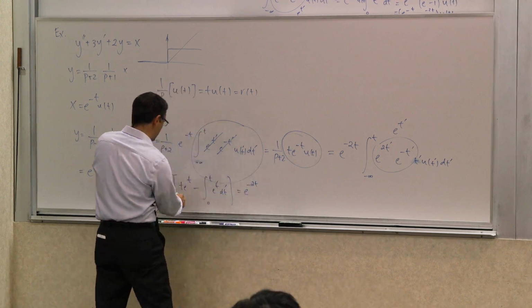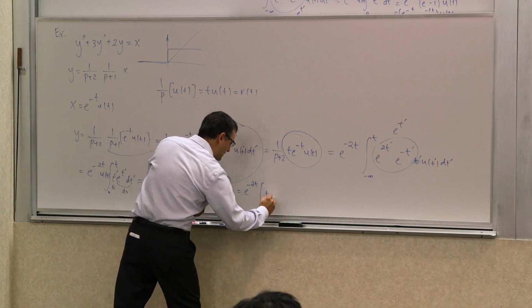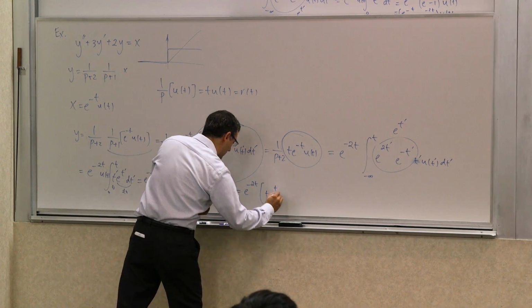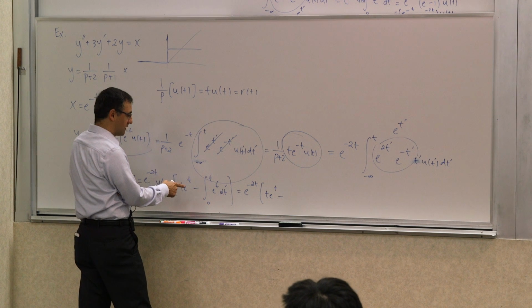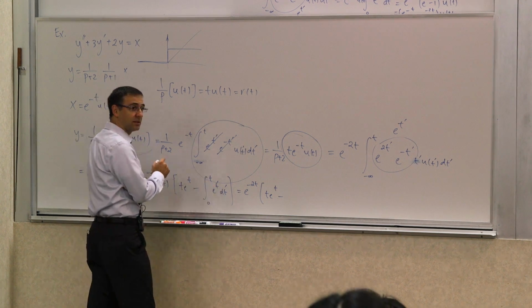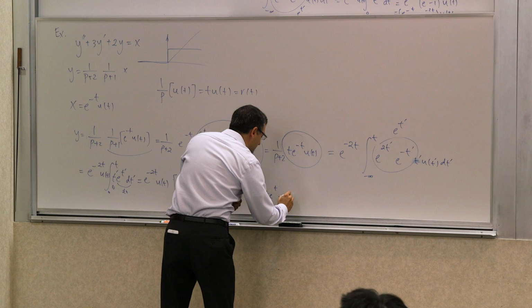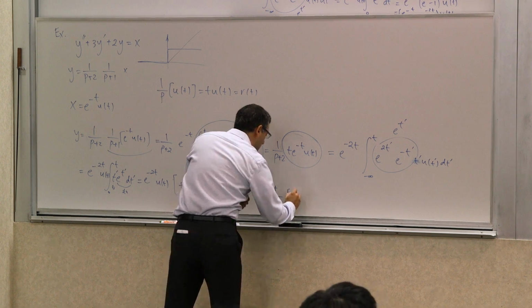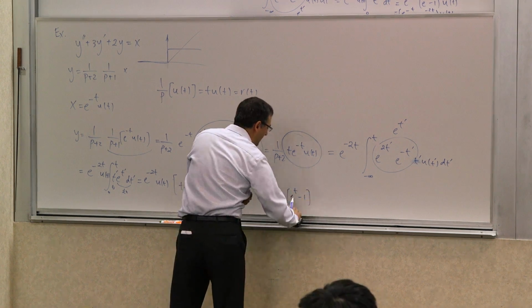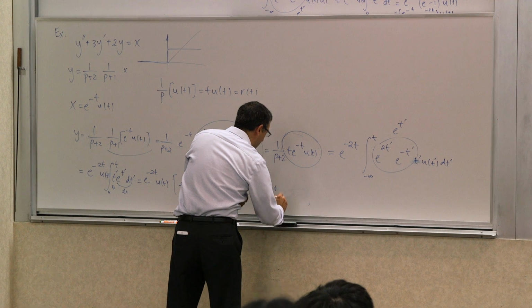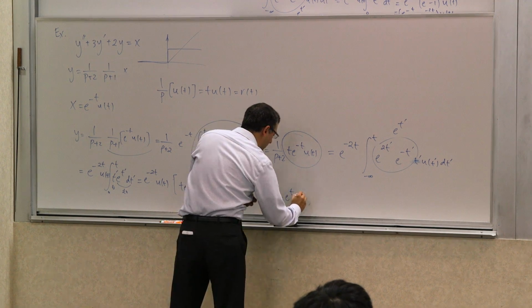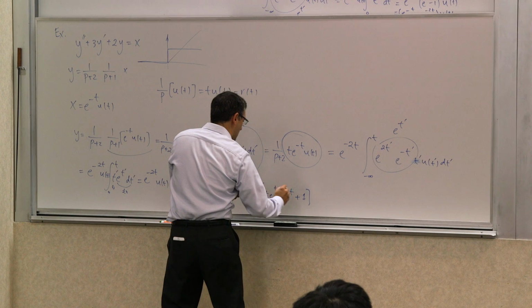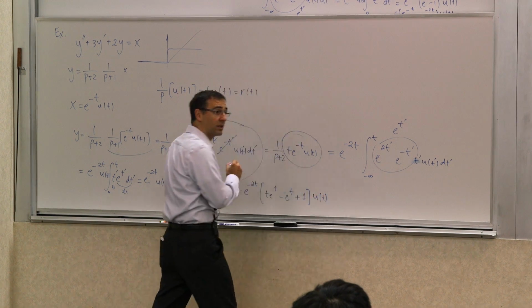So the first part is t e to the t. What is this integral from 0 to t of e to the t dt? It is e to the t minus 1, so minus e to the t plus 1. Don't forget the u of t.